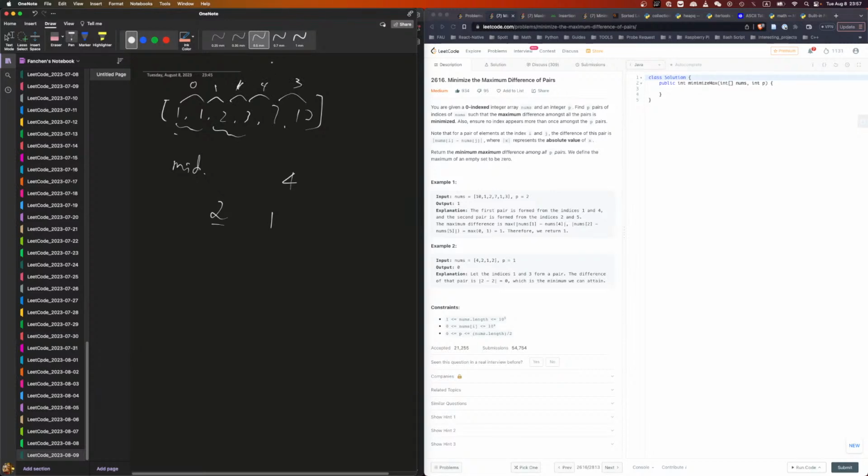And if you want to take a pair, is it always better to take adjacent pairs? Because adjacent pairs are always going to be smaller. No, I think it's not going to be adjacent pairs all the time. Wait, how do we do this? I don't remember at all.